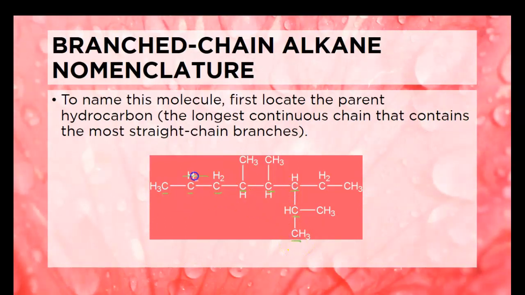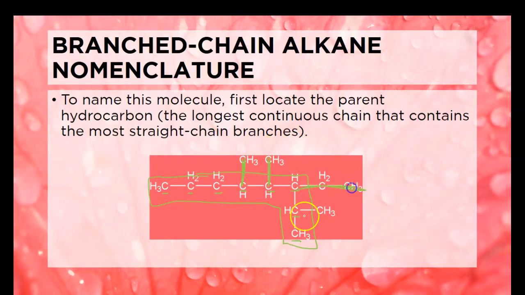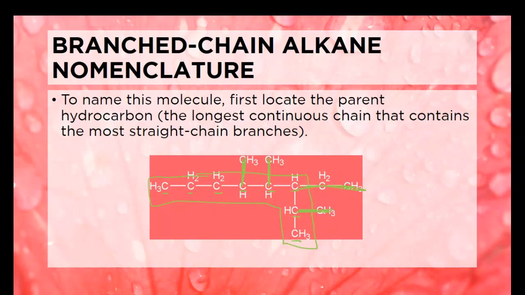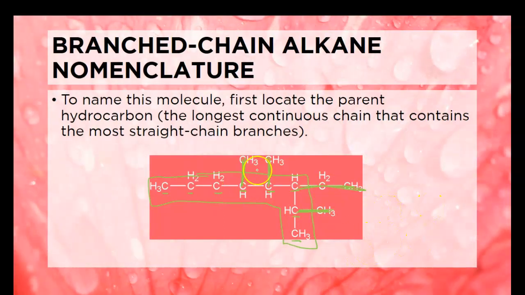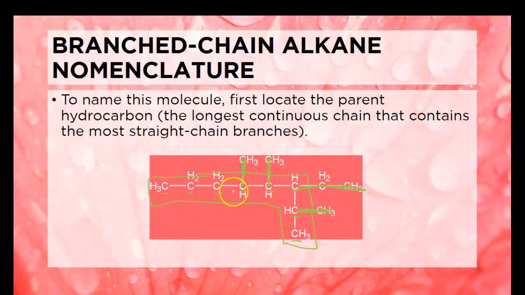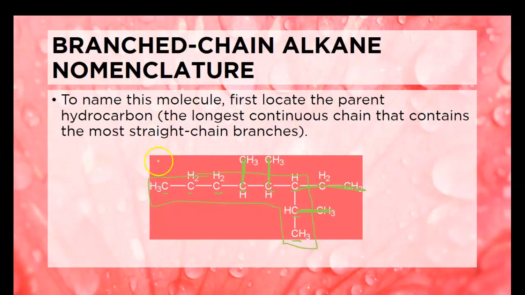Notice I still have octane, but now if I go that way, I only have straight branches off the ends. I don't want to have any T's involved. I only want straight branches. So what I put in like that rectangle shape there, that's going to be my parent hydrocarbon, and I'm going to call that octane.